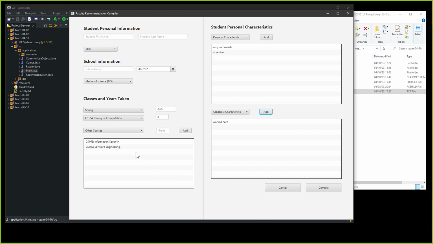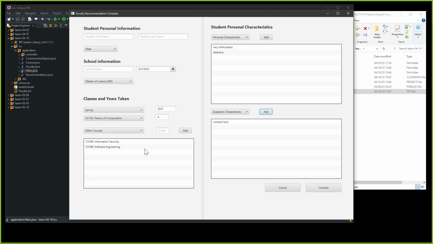Somehow you need to put something similar to this one, which is multiple selection, and then multiple text boxes appear here to put the grade of each one.